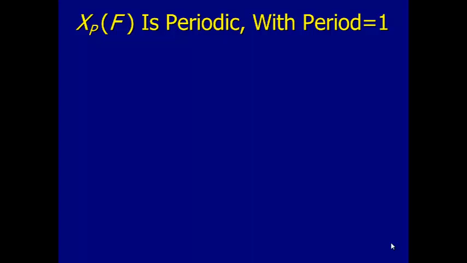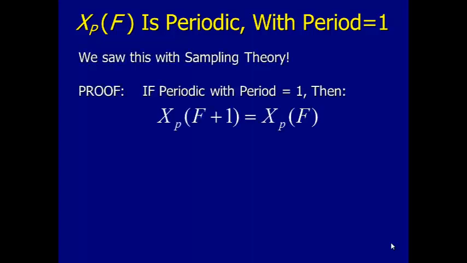And notice we're often using a subscript p for our discrete time Fourier transform to remind us that this should be a periodic function. If this Fourier transform is periodic with a period of 1, this has to be true: if I plug in a frequency f plus 1, I should get the same answer as just frequency f, if it's truly periodic. Or I can put in f plus 2 or f plus 3 if it's periodic with a period of 1.